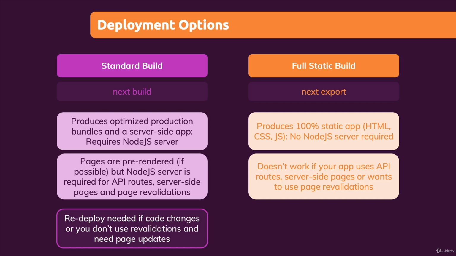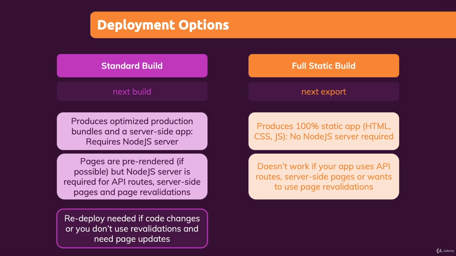All those things require code to execute on demand for incoming requests on the server. And therefore it's difficult if you have no server. So next export only works if you have a page which doesn't need any server-side code.